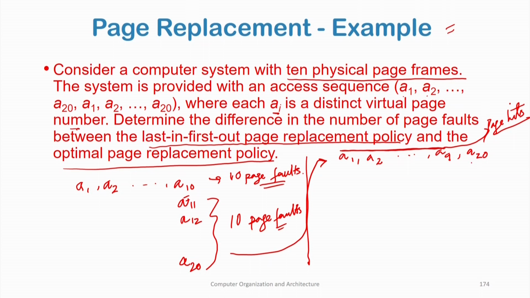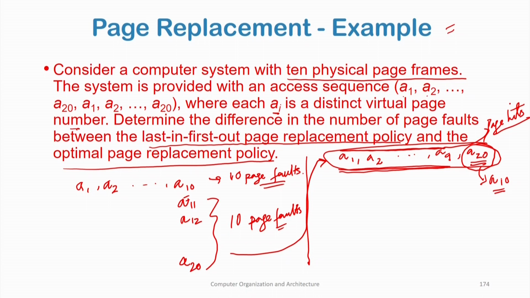Who came in last? A20, because A1 to A9 resulted in page hits, they were not brought in. So in the set of 10 page frames that I have currently, A20 is the last in page.